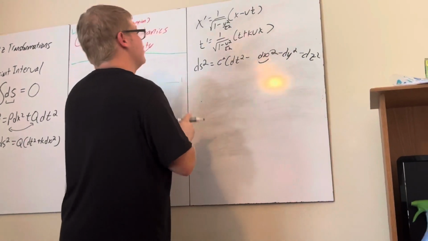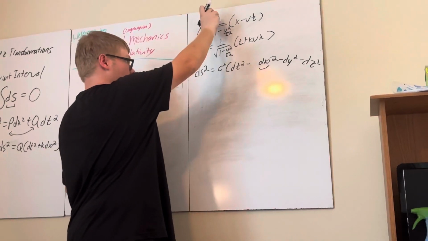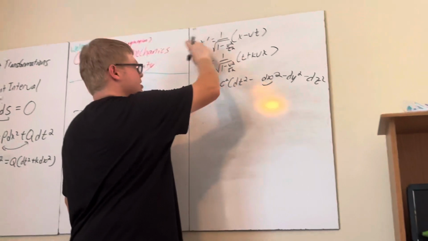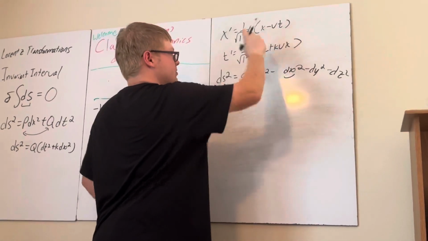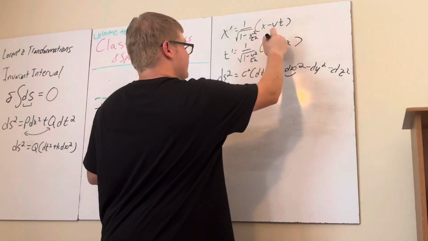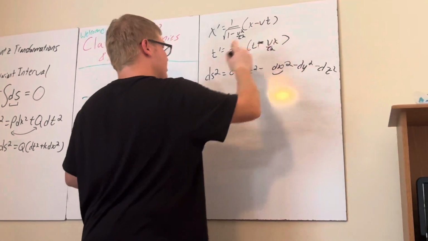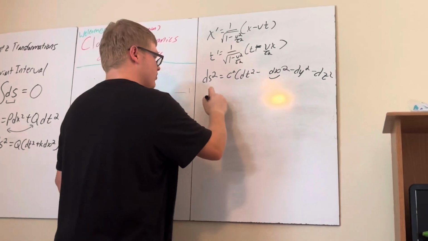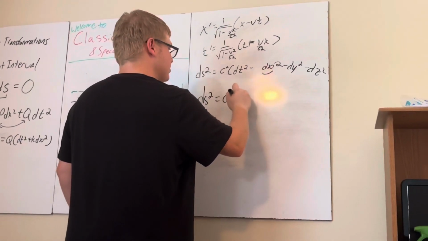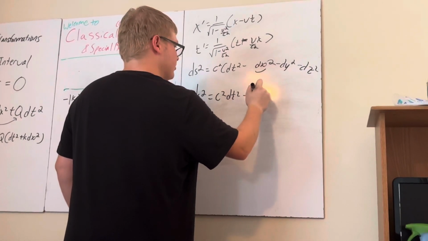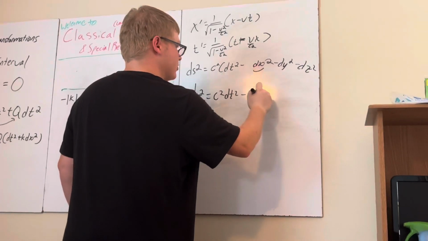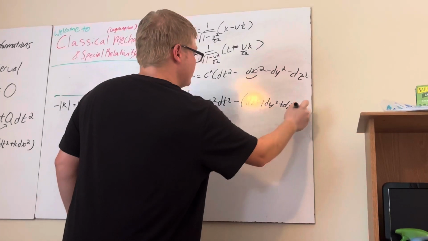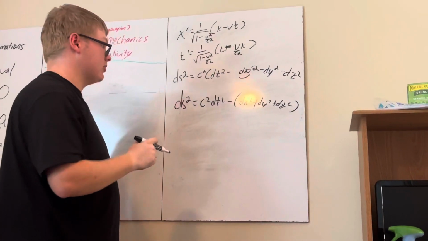So our Lorentz transformations here are this: the Lorentz factor times x minus vt, and t prime equals the Lorentz factor times t plus negative v over c squared times x. And our invariant interval in the flat space-time is equal to c squared dt squared minus the sum over the spatial coordinates, dx squared, dy squared, dz squared.